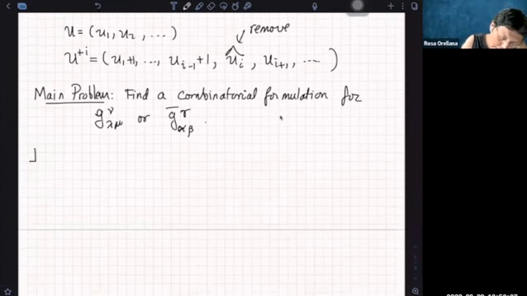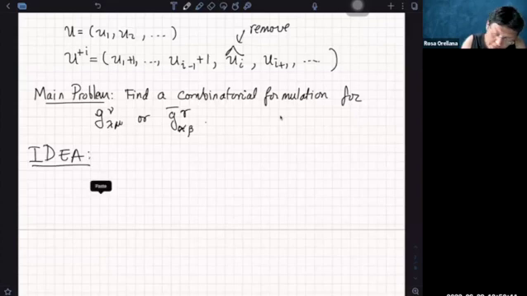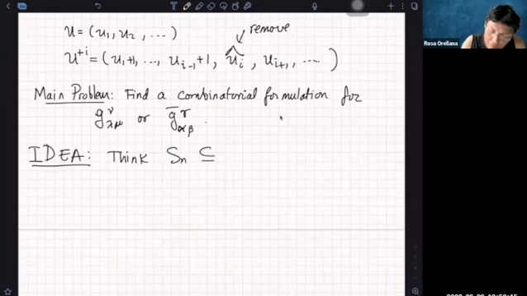And the idea that we have been pursuing with Mike is that we want to think of the symmetric group as being contained in GLn, which means that we want to think of this as n by n permutation matrices.